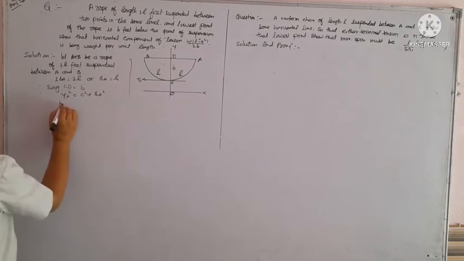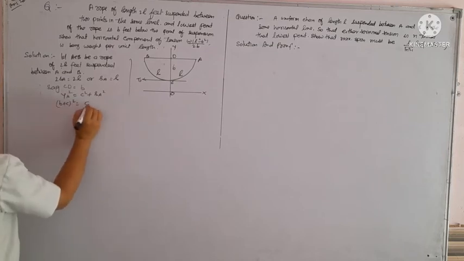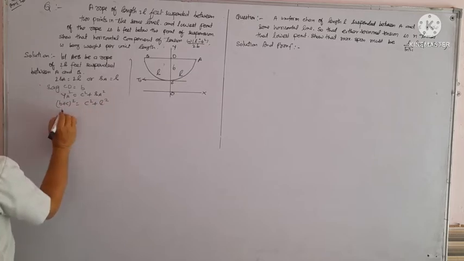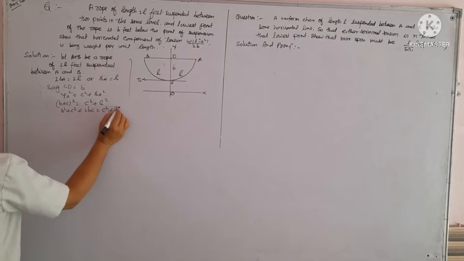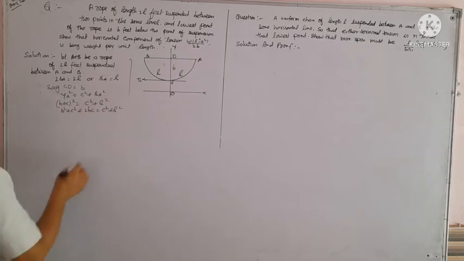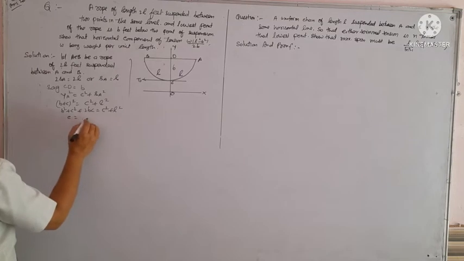Y means B plus C. Operating the formula, 2B equals C square plus L square, and simplifying, C equals L square minus B square upon 2B.